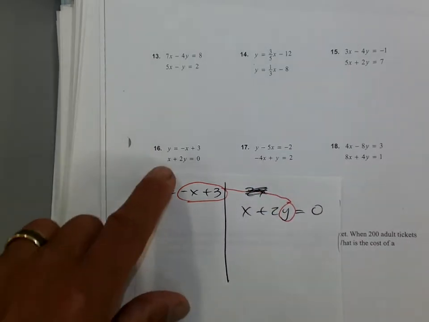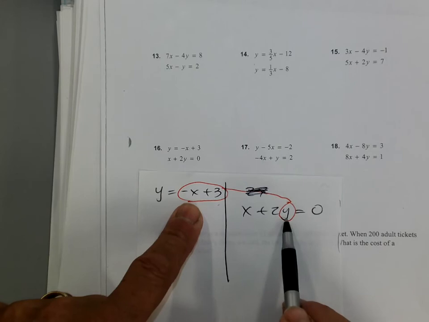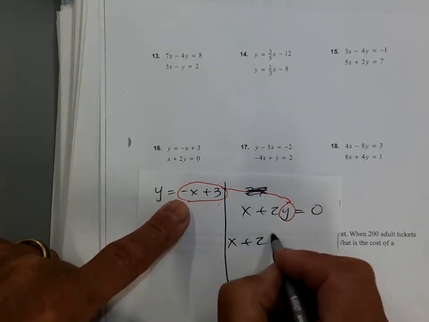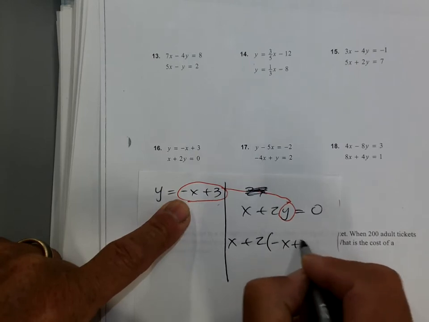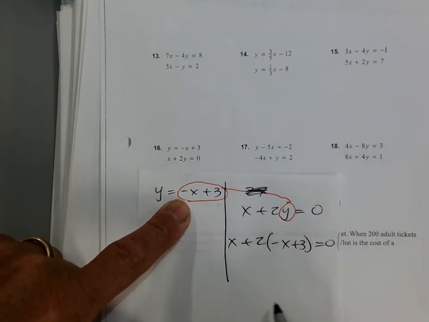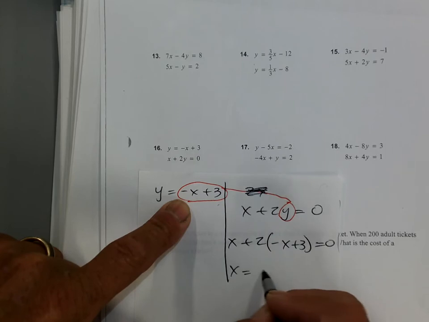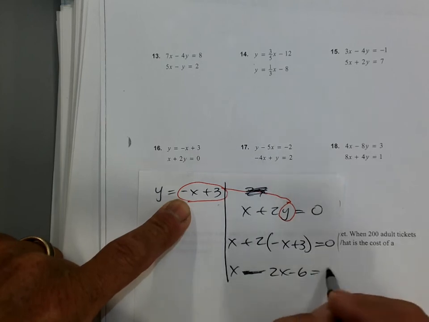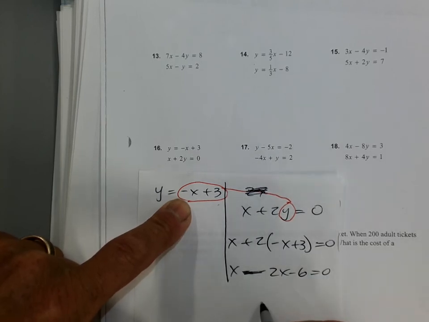Since y is solved for, instead of writing y right here, I'll write x plus 2 times what y is equal to, (-x plus 3), equals 0. That gives x minus 2x plus 6 equals 0, so negative 1x plus 6 equals 0, and you can solve from there.